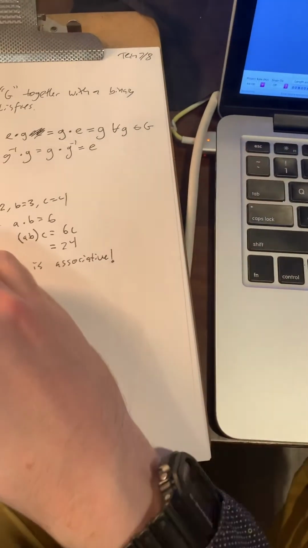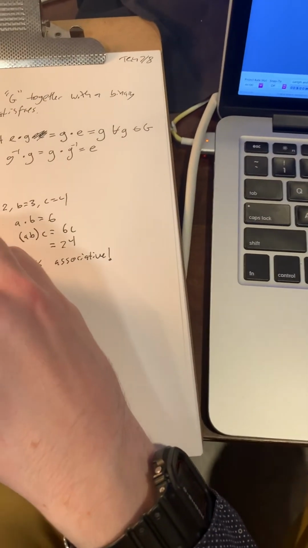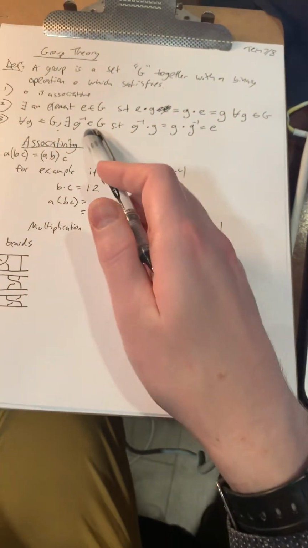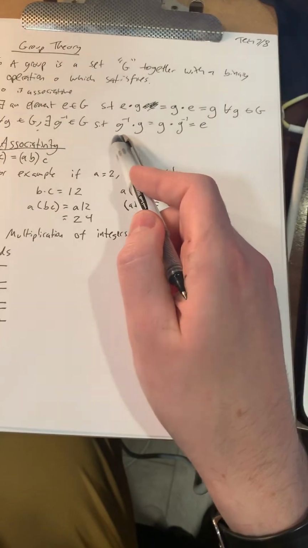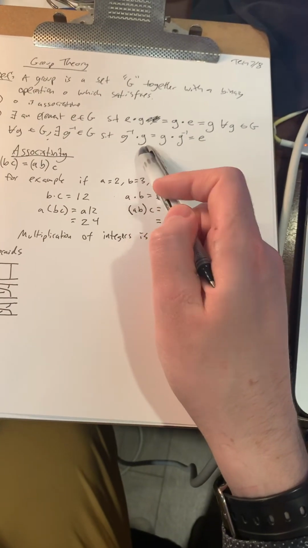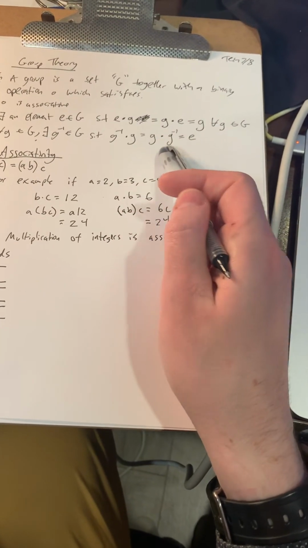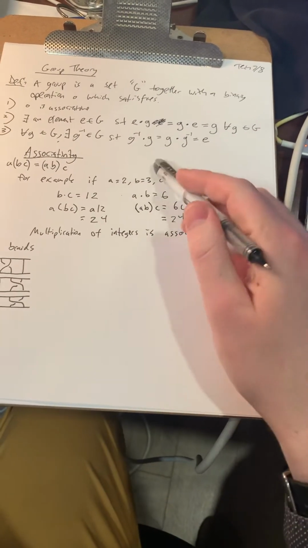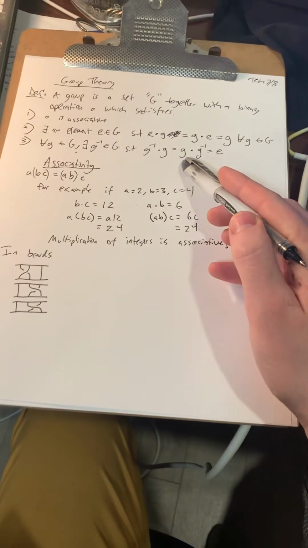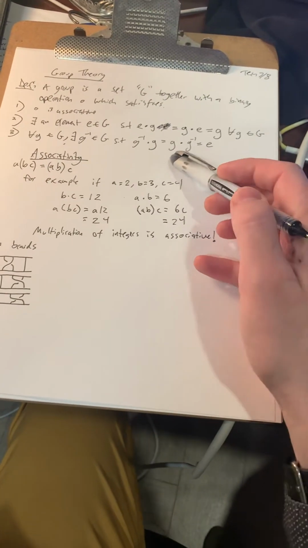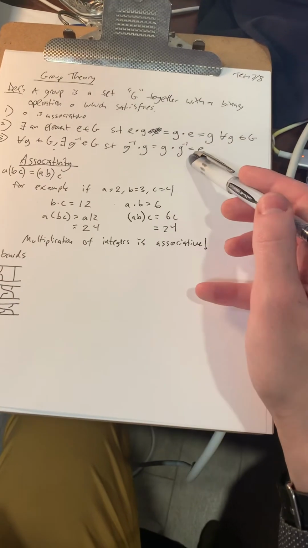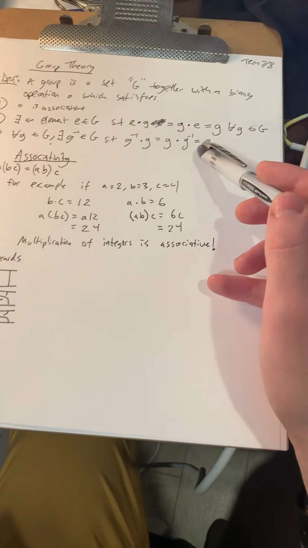Last but not least, we have that number 3, for all G in G, there exists G inverse in G such that G inverse binary operator G equals G binary operator G inverse equals E. So this defines an inverse, whereby the number binary operator itself results in the identity element.